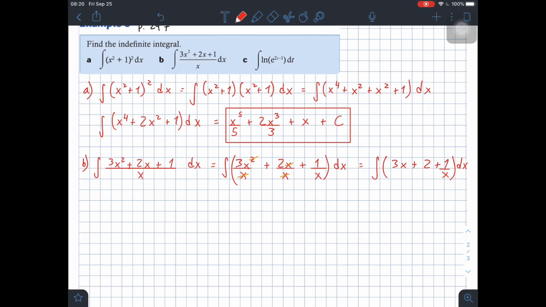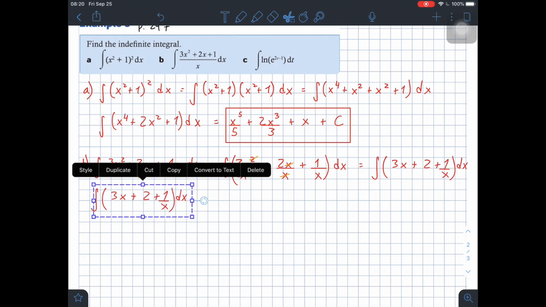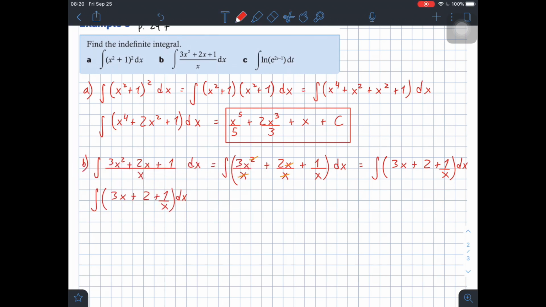So we're going to write that this is equal to, let me copy this, the integral of 3x, that's 3x squared over 2. The integral of 2, that's just 2x. And finally, the integral of 1 over x is the one we have just seen in this class.